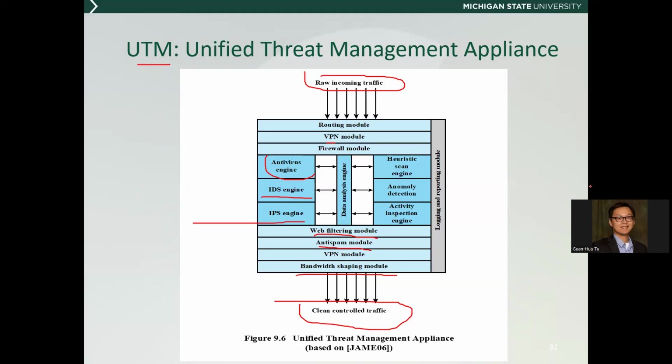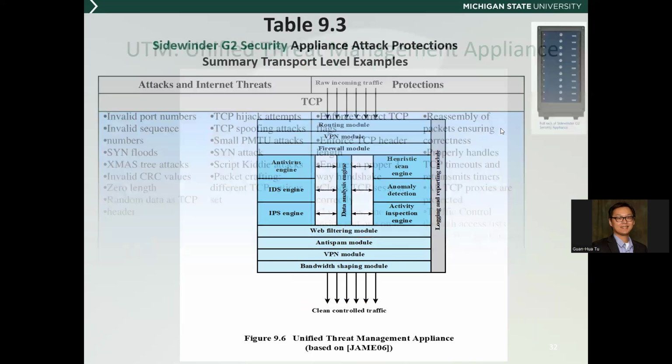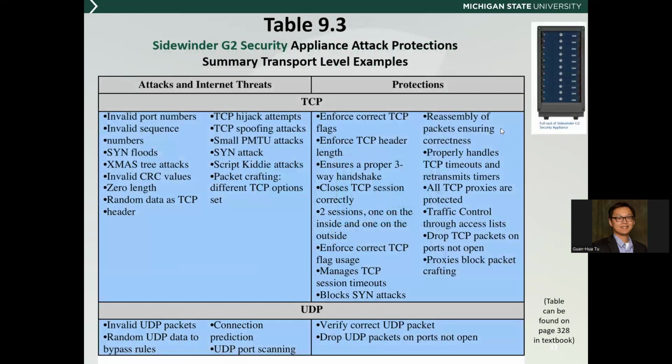So basically, we deploy the server. It will monitor all the incoming traffic, but not only monitor it. It will also modify the incoming traffic, remove all the unsupported header data from the incoming traffic, and then make sure the output will be clean and controlled traffic. For example, here is the Sidewinder G2 security appliance.